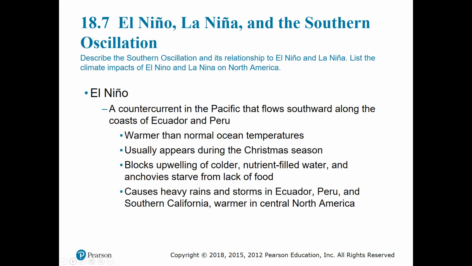Since this appeared around Christmas time, they named it El Nino, or little boy or Christ child. In El Nino years, this warmer ocean temperature impacts the weather in Ecuador, Peru, Chile, and Australia, which is basically directly across the Pacific Ocean from this area of South America.